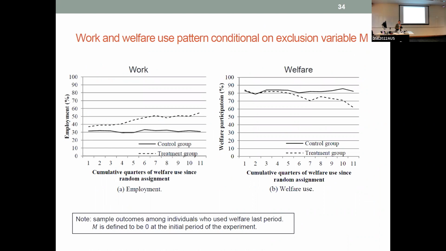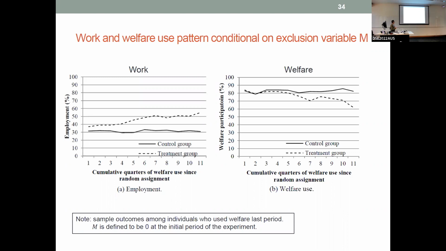So, 11 periods of quarterly data. This is the value of M, and we plot the employment rates separately for the control and treatment groups.